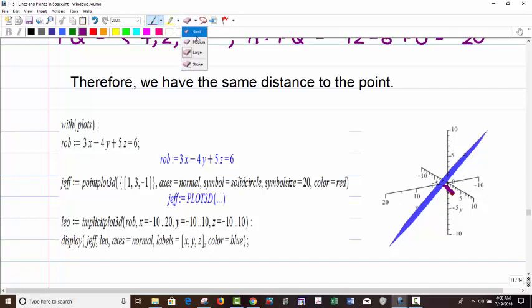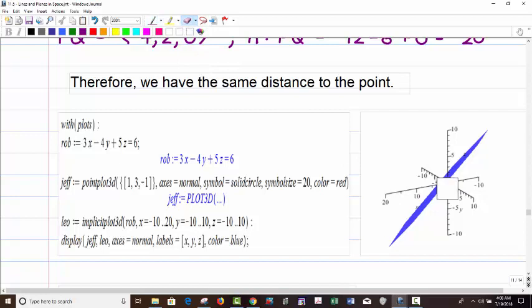Now that looks reasonable. It's hard to tell exactly from that picture, but if I had come up with a distance of about 15 or something, I would have known that something was wrong, either my graph or the calculation. But that certainly looks reasonable, 2 square root of 2 for that distance.